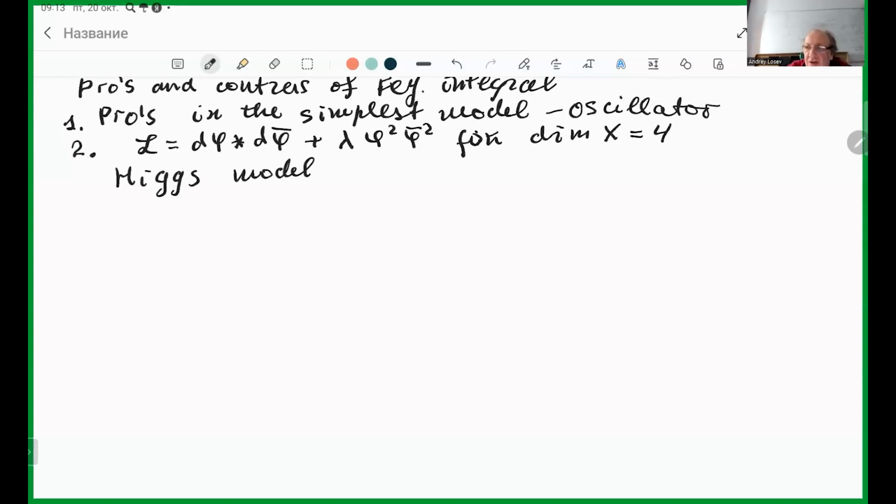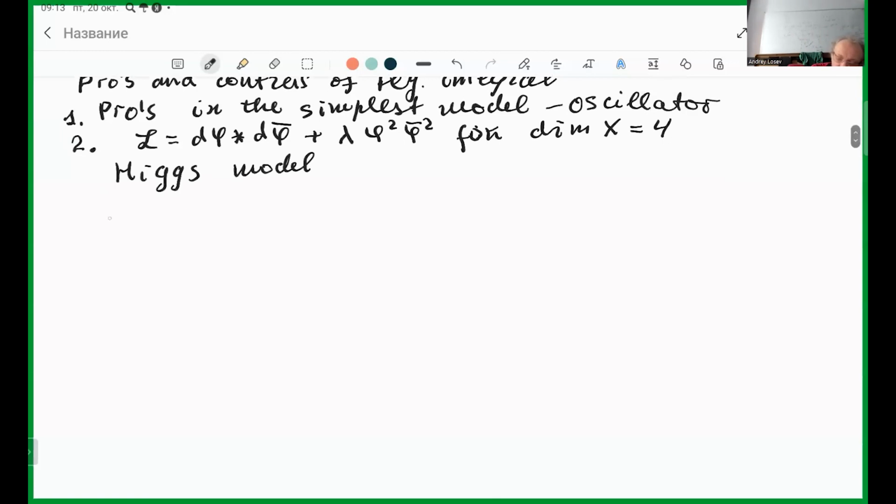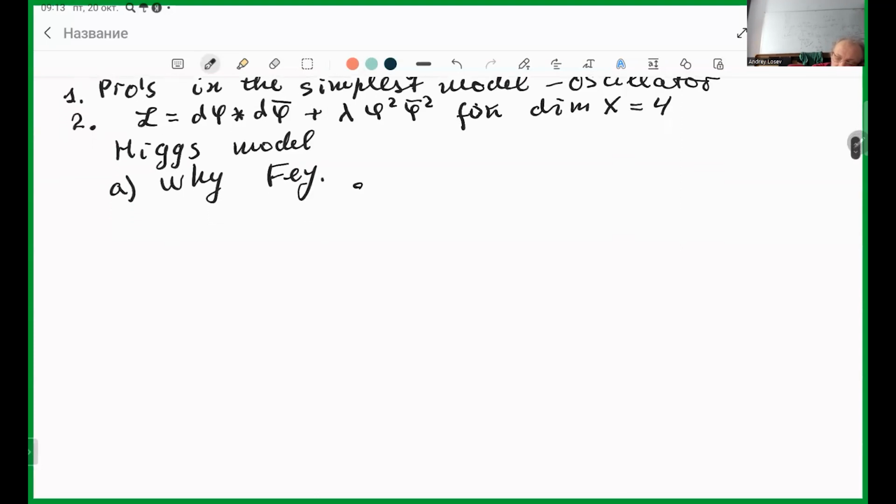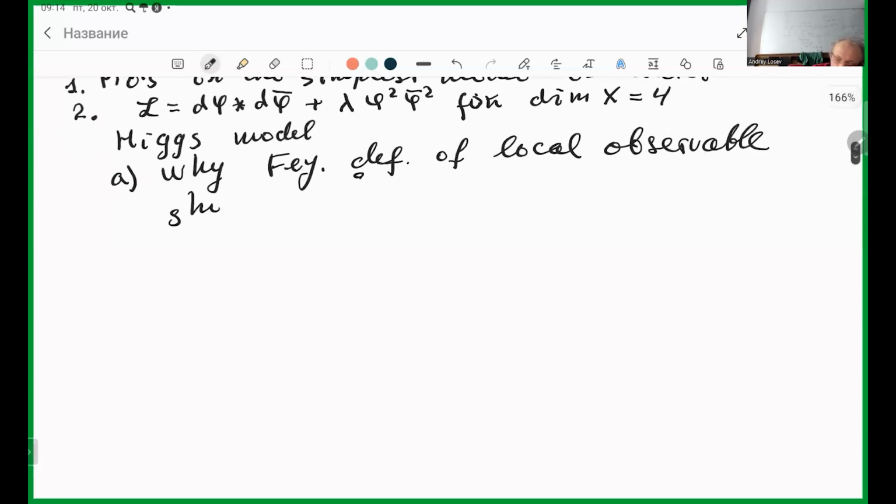So what is interesting about this model is that here we will describe why Feynman definition of local observable should be modified.